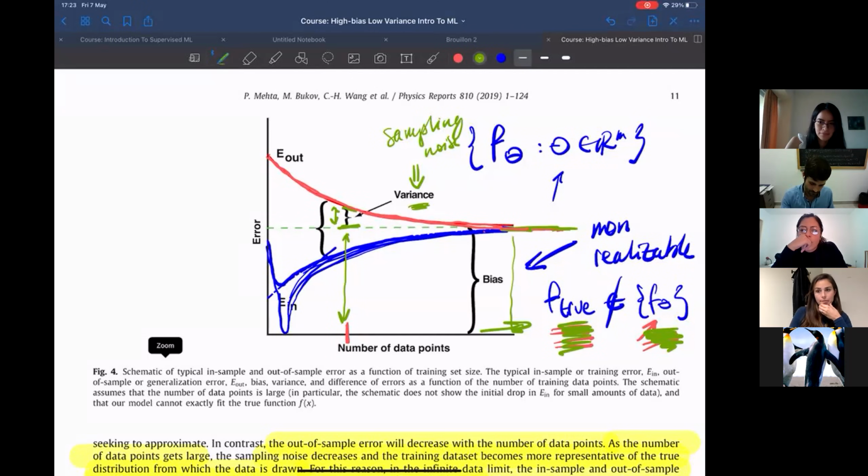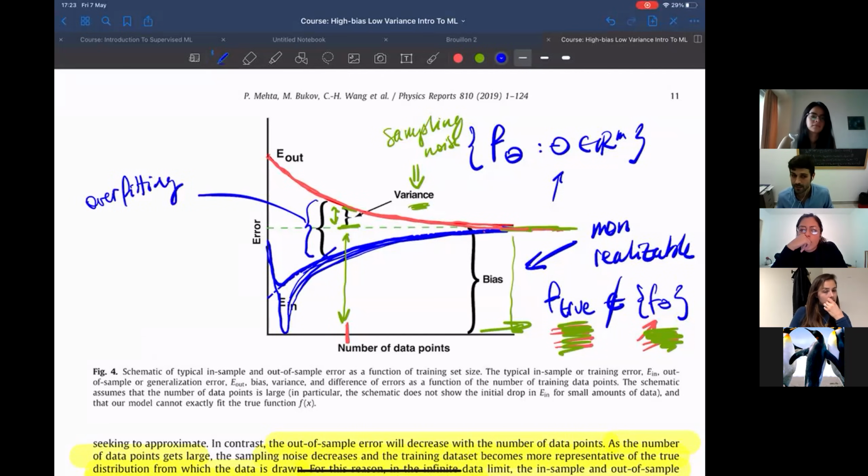Last thing I want to mention here: the difference between the training error and the test error is a quantification of what we call overfitting. Because if the difference between training and test error is high, it means that the performance that you get on the training data is very different from what you get on the test data.